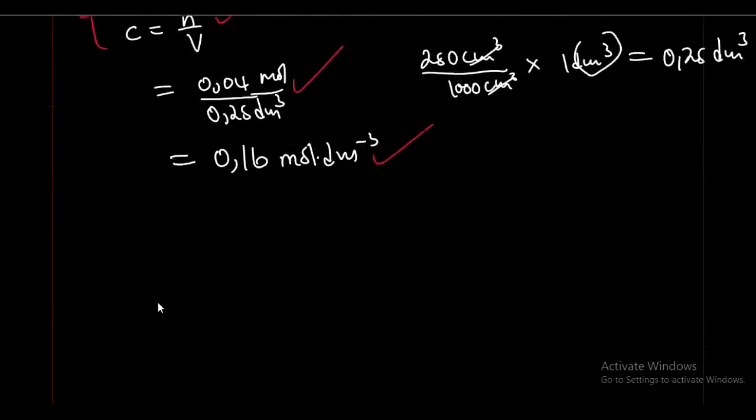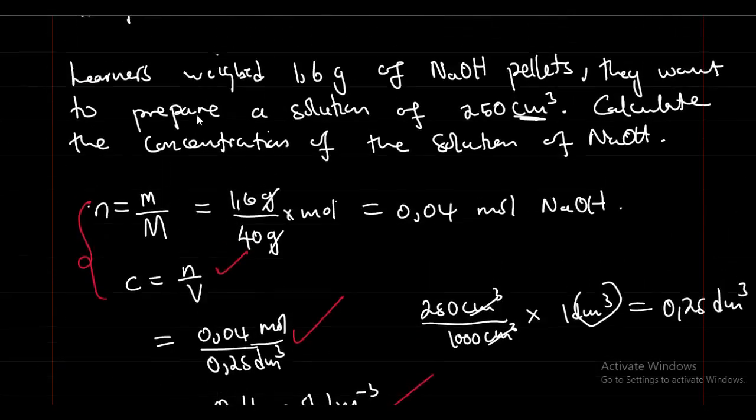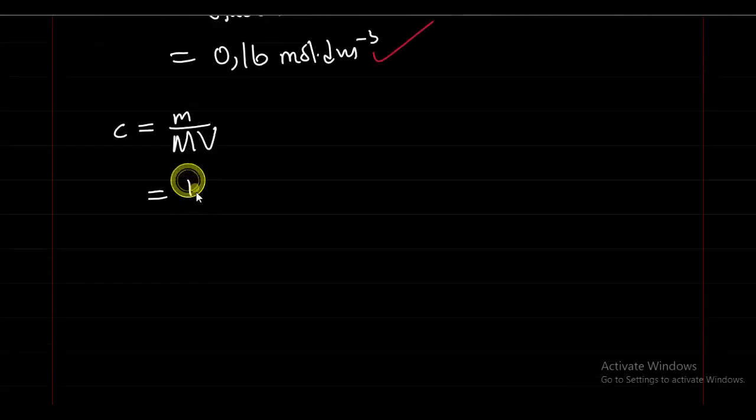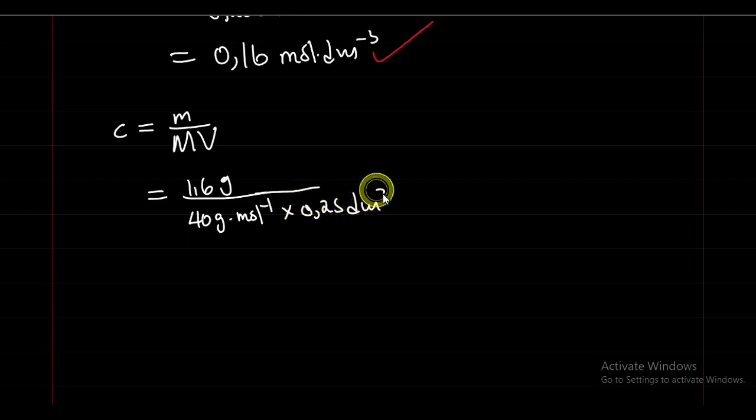Okay, so alternatively we can use this combined formula, which is C equals given mass over molar mass times volume. The given mass is 1.6 grams, over molar mass, 40 grams per mole, times volume, 0.25 decimeter cube.